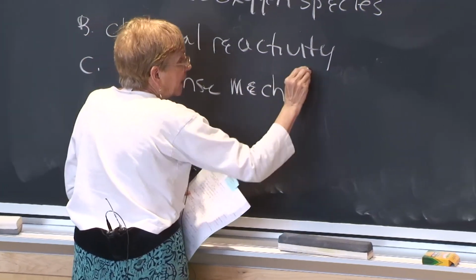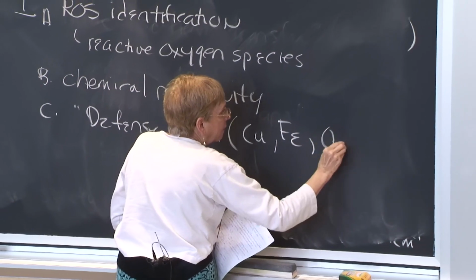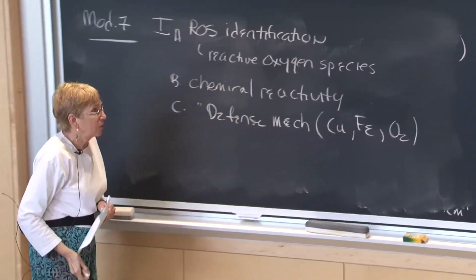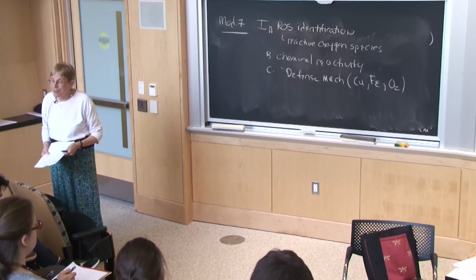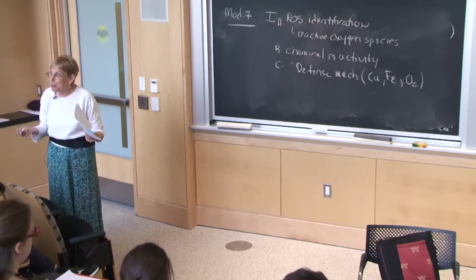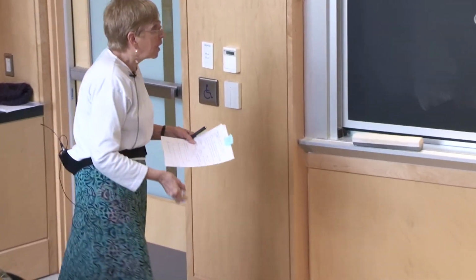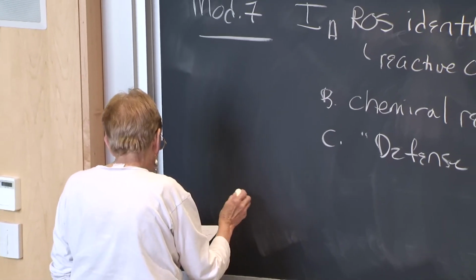Because we saw we had copper, we had iron, and now we have oxygen. And we'll see that that can be a recipe for disaster unless you can figure out how to control all of that. So again, it's all homeostasis. That will be the first part of today's lecture.